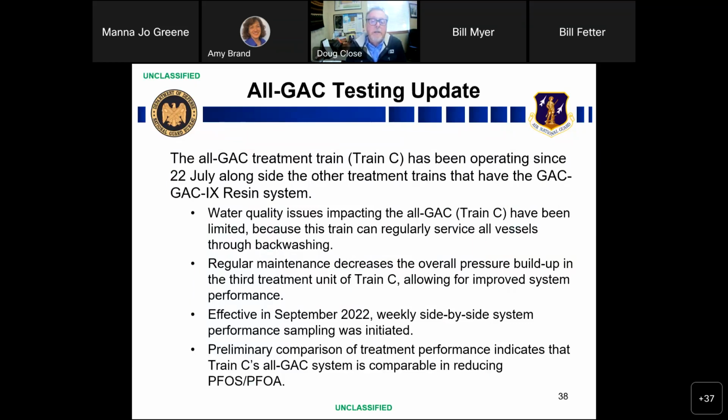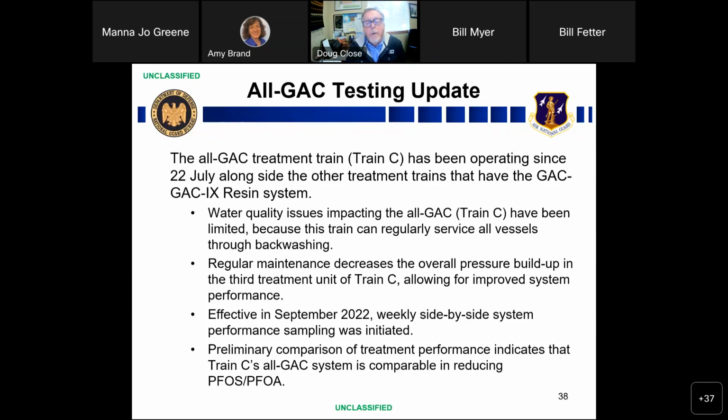This summer especially had very high algae growth. The water quality issues that typically impact our GAC, GAC, resin trains were not as significant on our all GAC treatment. This is because we can regularly service all GAC.